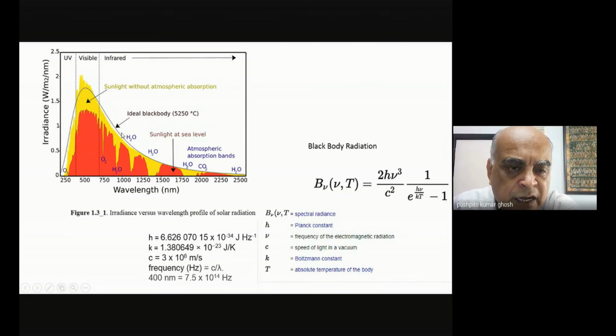there is absorption that takes place because of the atmosphere, because we know in our atmosphere you've got water vapor, and that can absorb radiation. You can see over here carbon dioxide.